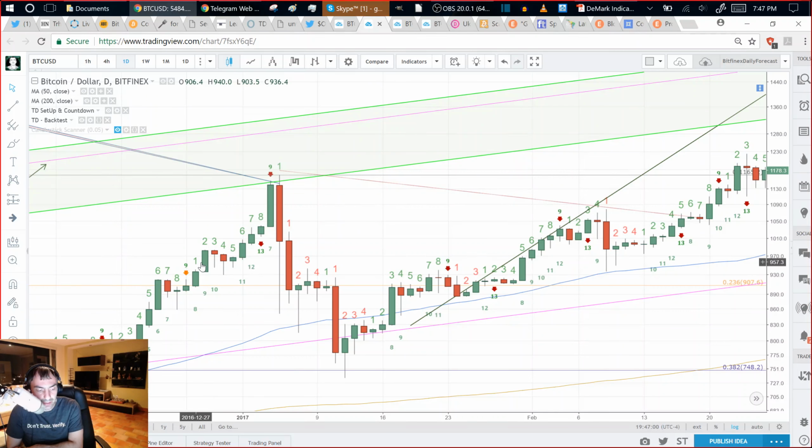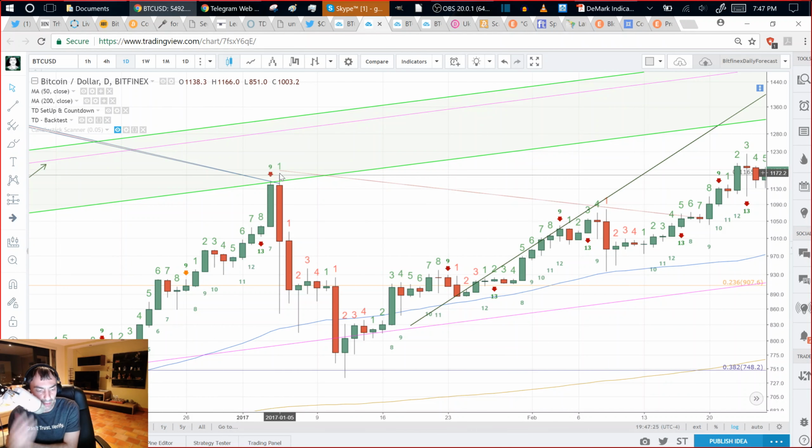Well, because historically he took a look and back tested and realized, hey, there's only so much momentum traders have. And it's usually about 9 candles of momentum. And then if that is the beginning of a trend, then there is another set of momentum, which is the countdown to 13.